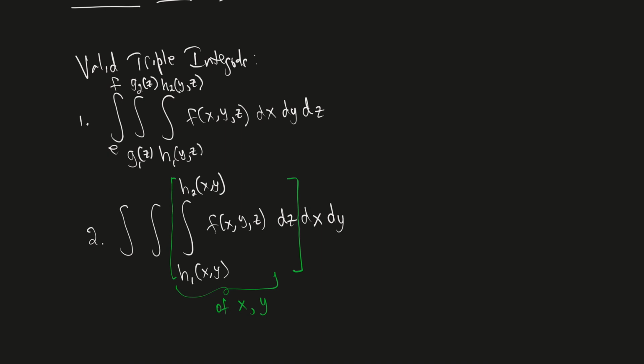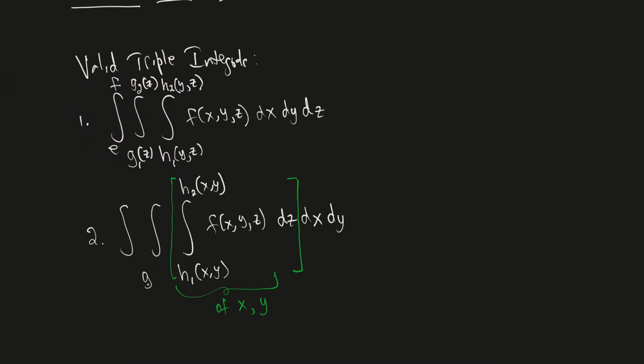All right. So now let's see what the second pair of limits would have to be, or could be, worst case scenario. So we have now our thing of x and y, and we are going to next integrate with respect to x. That means y is going to be our last variable of integration. So the inner integral here could be in terms of y, because we still have y left to go, right?